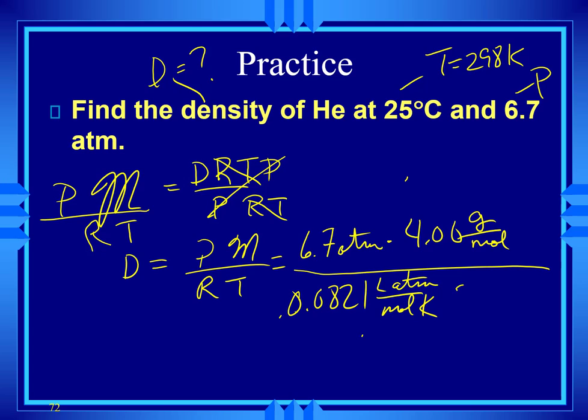And the temperature was 298 Kelvin. So I pushed those buttons. 6.7 times 4 divided by 0.0821 divided by 298 equals, with two sig figs, 1.1.